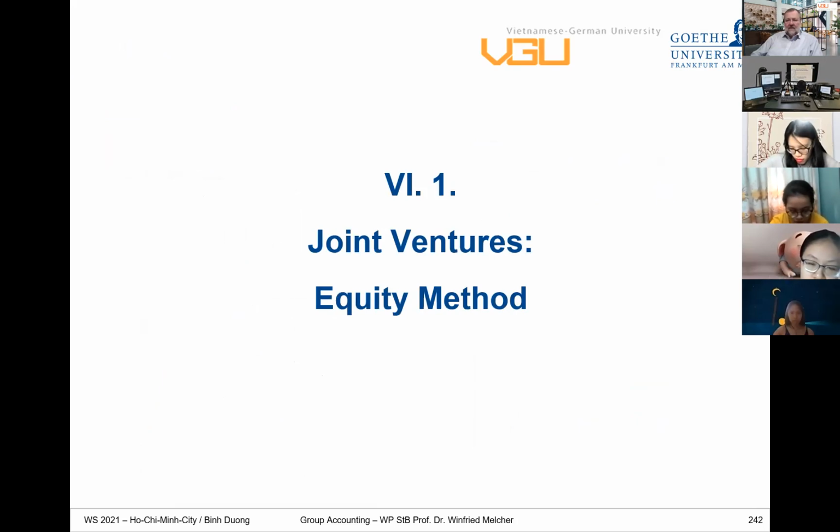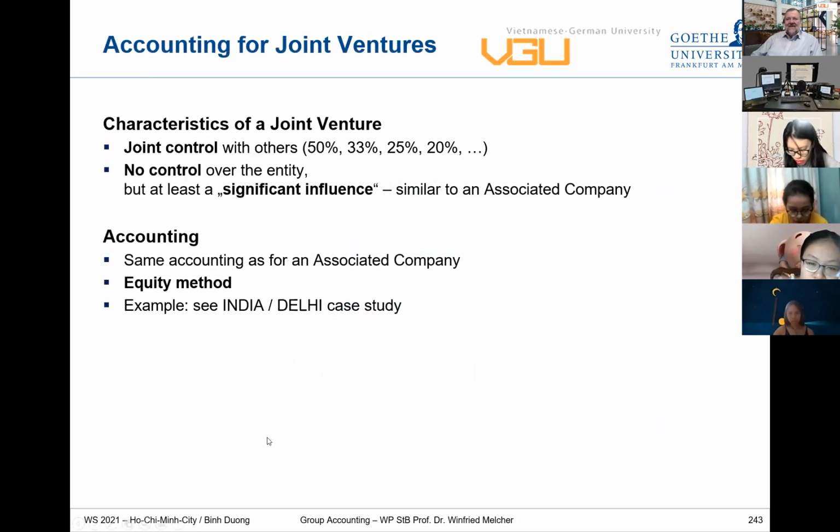Well, let's first look at the equity method. The characteristics of a joint venture are joint control with others, no control over this entity, but at least significant influence. So the same accounting method, as I said, will be used as if it was an associated company.